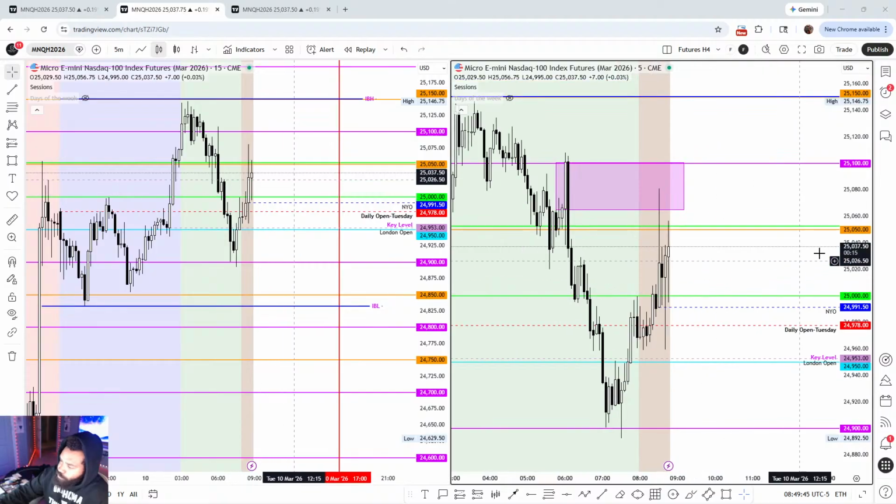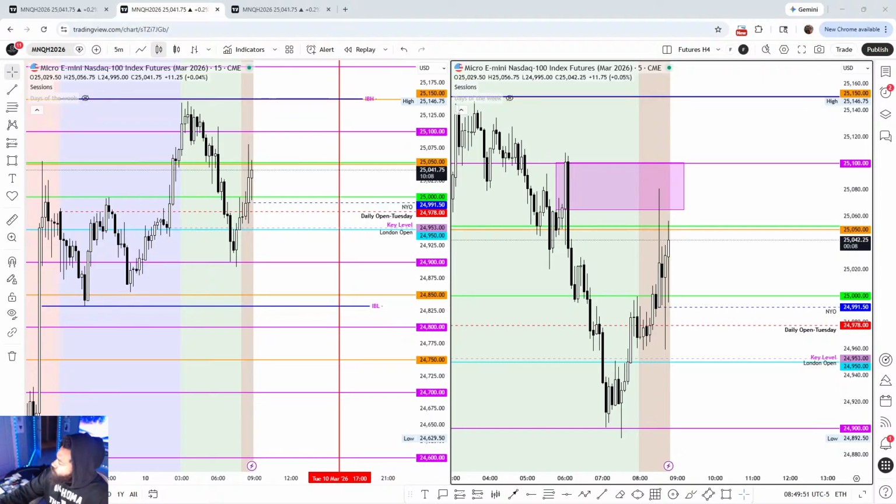I like that price right now to hold. It's a good 5-minute price to hold there for 45 to 50.